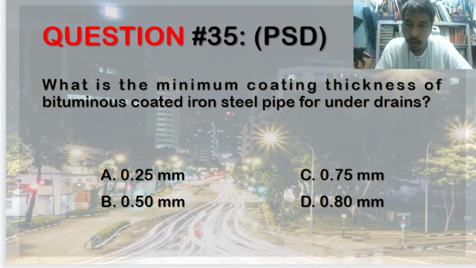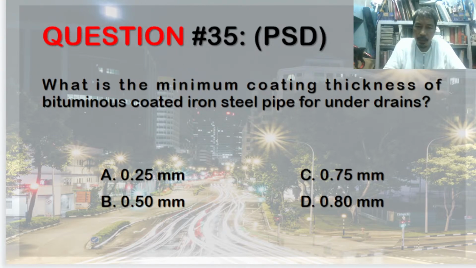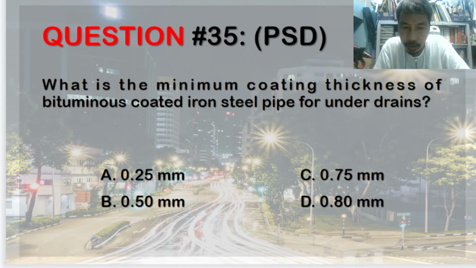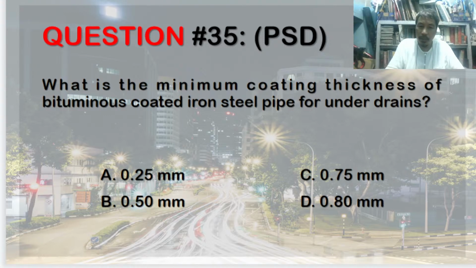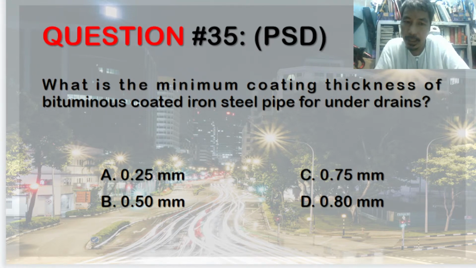So we need a minimum amount of coating thickness. Letter A, 0.25 mm, B, 0.50 mm, C, 0.75 mm, D, 0.8 mm. So the answer to this is 0.75 mm. So we need thicker coating of bituminous material. Okay? 0.75.